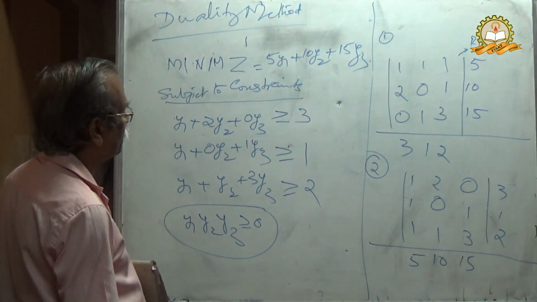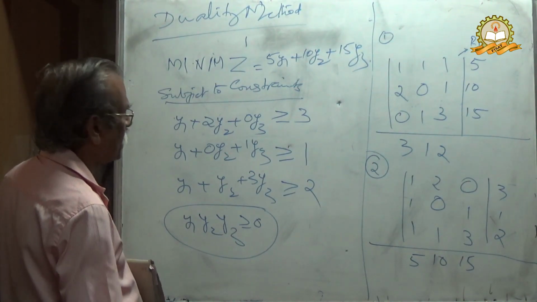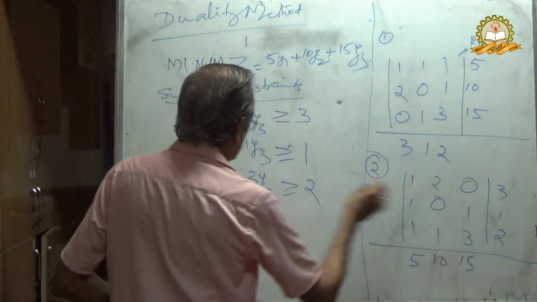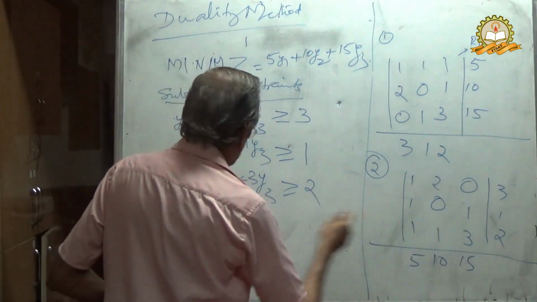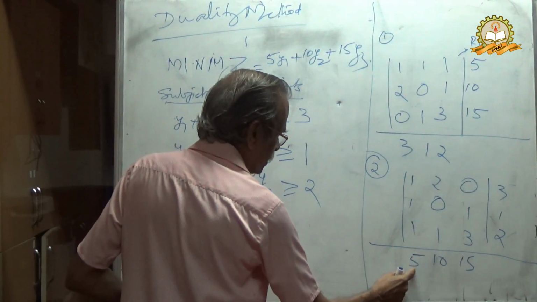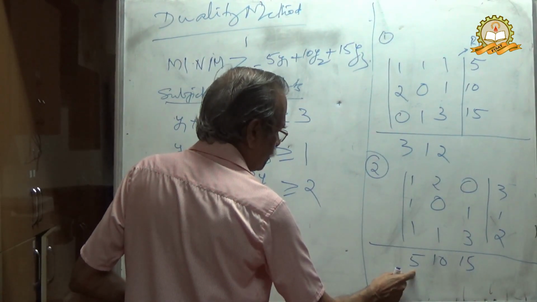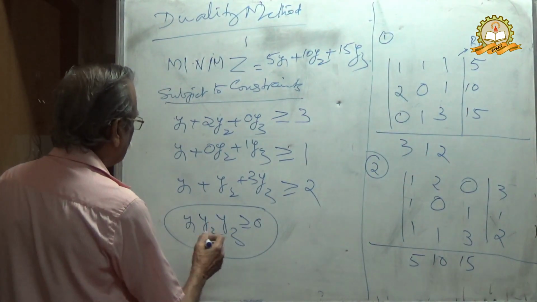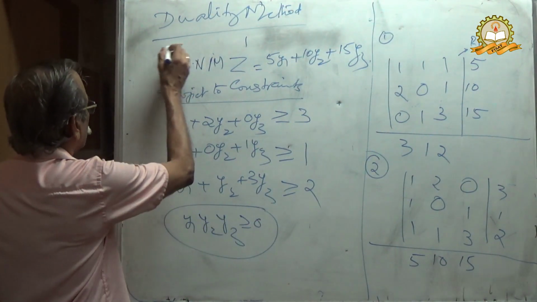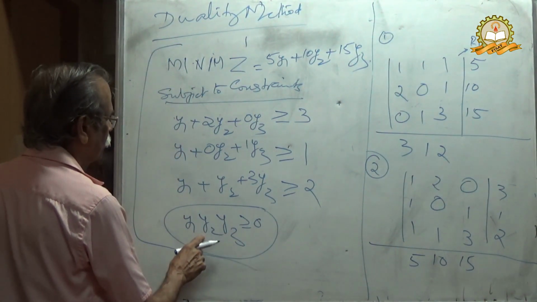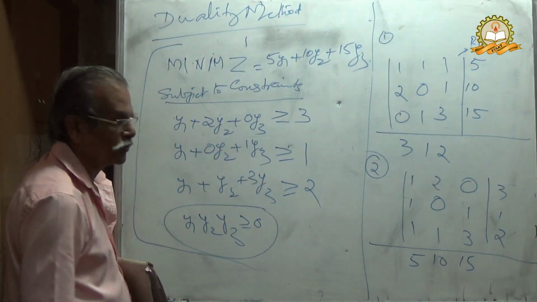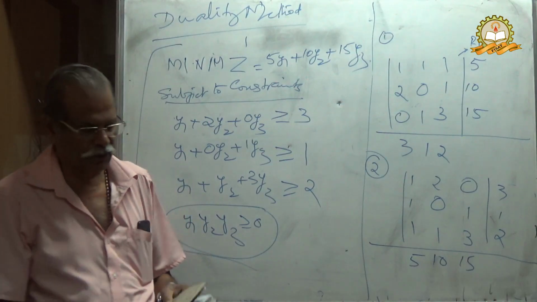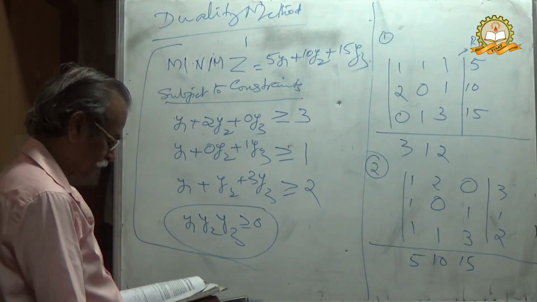You can remember the coefficients 1, 2, 0, 1, 2, 0, 1, 0, 1, 1, 1, 3, and z dash will be 5y1, 10y2 and 15y3. You have to complete this and write y1, y2, y3 greater than or equal to 0, which means positive values. You can expect one question under duality.